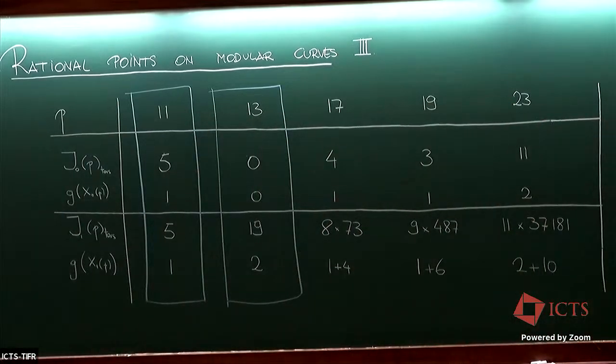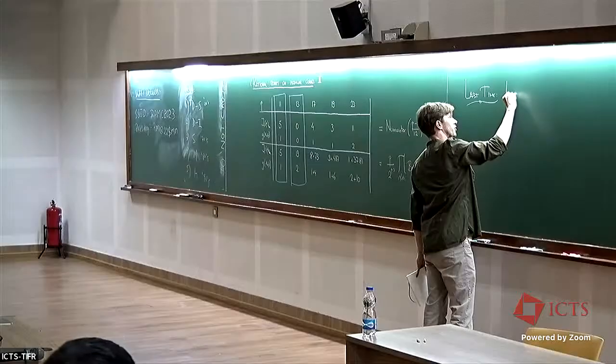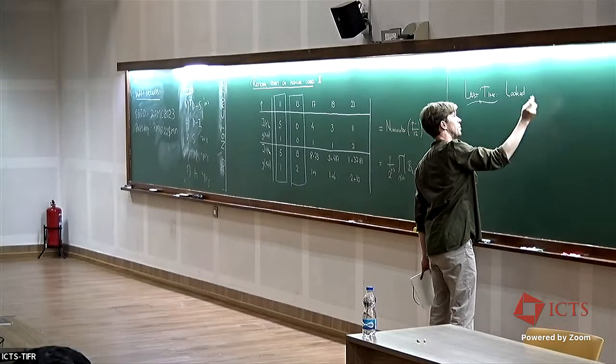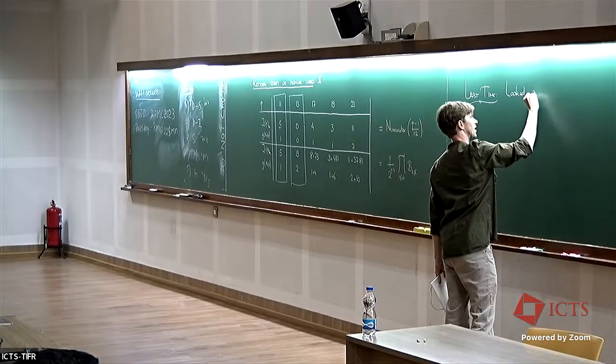And so last time, we started off with the modular curves of level 11. And so for that, we looked at the pair of dual 5-isogenies.